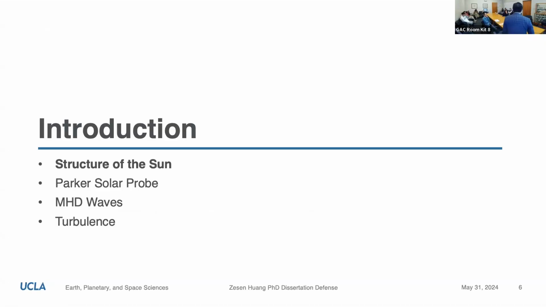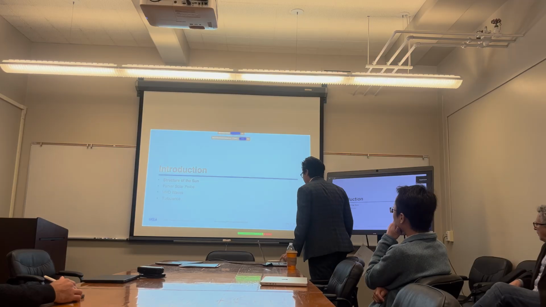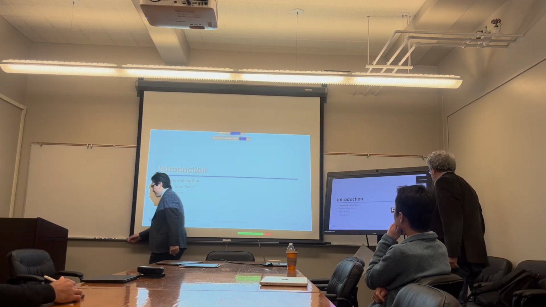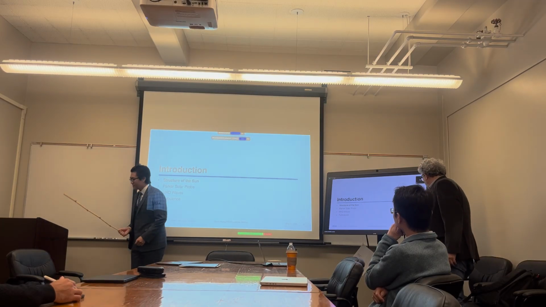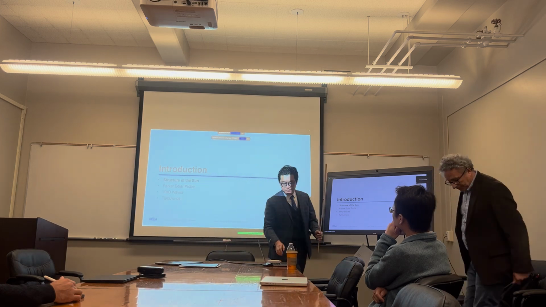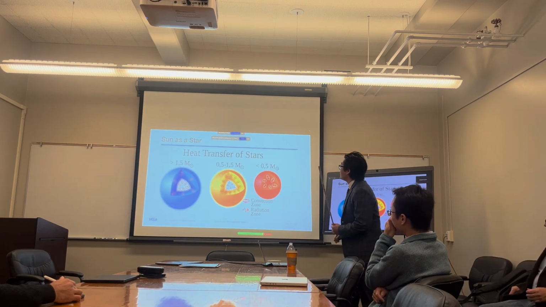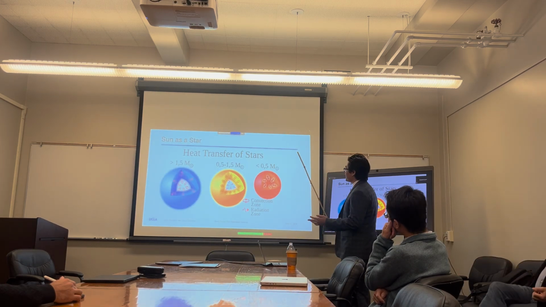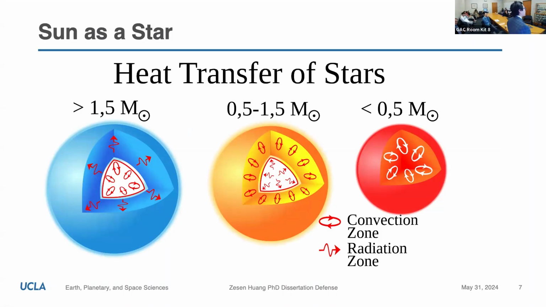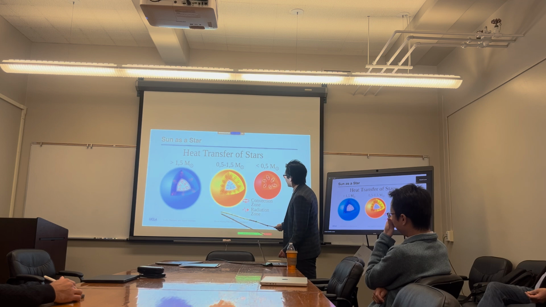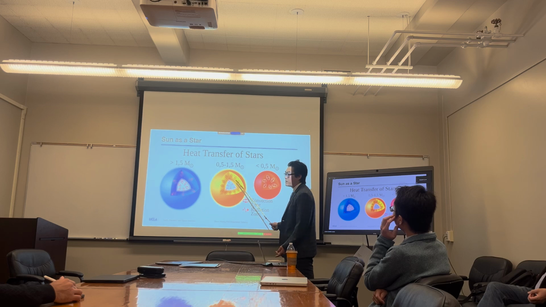So first I will discuss the structure of the sun. Okay, so this is the structure of any stellar object, any stars. For our sun, it's something like this. You have the radiation zone from the core, from 0.2 solar radii to 0.7 solar radii.